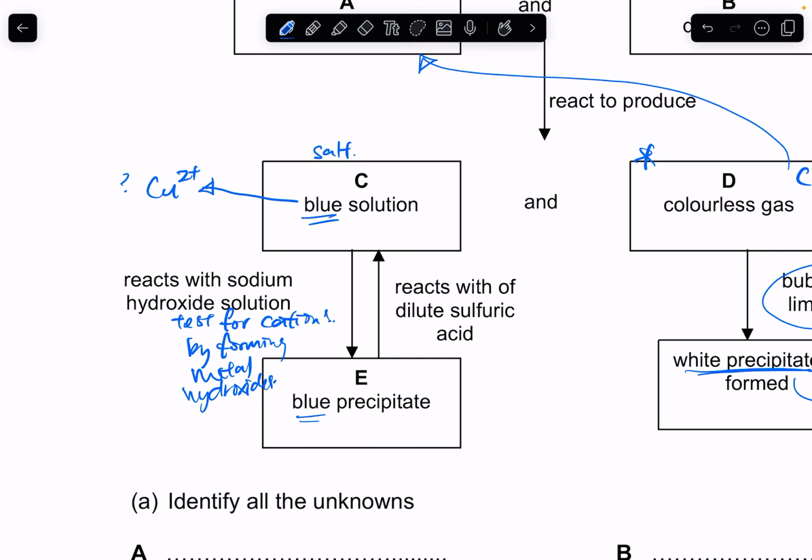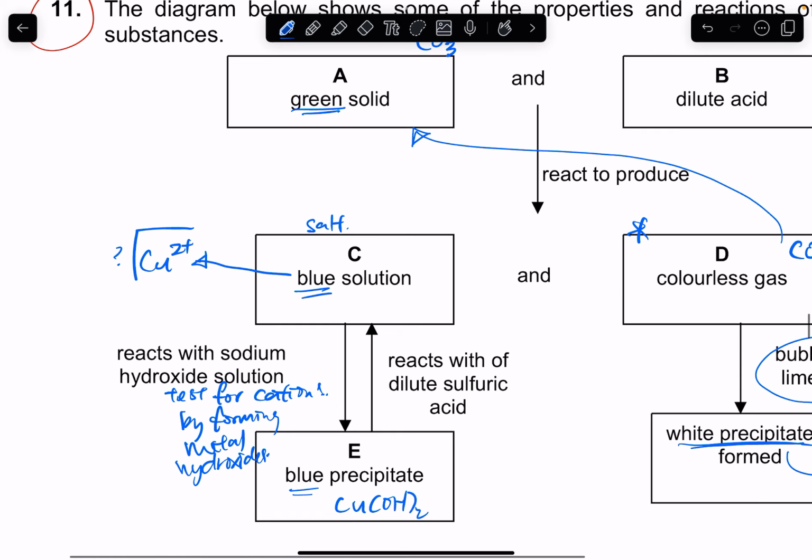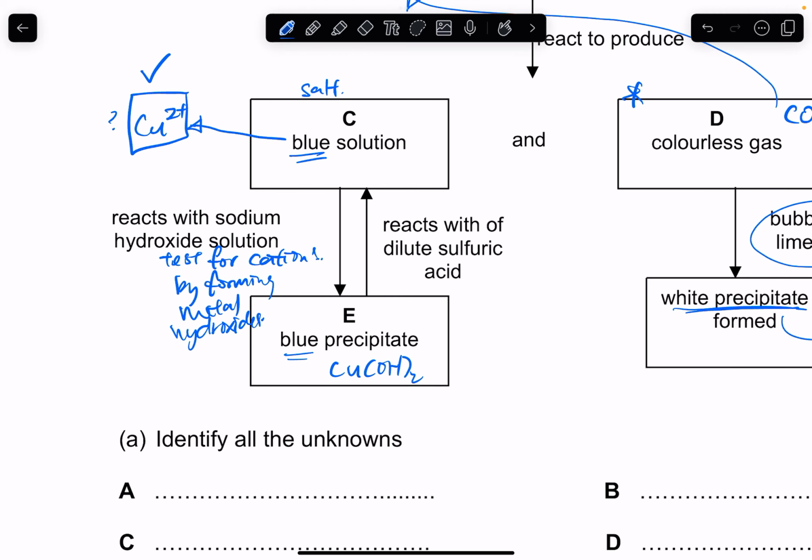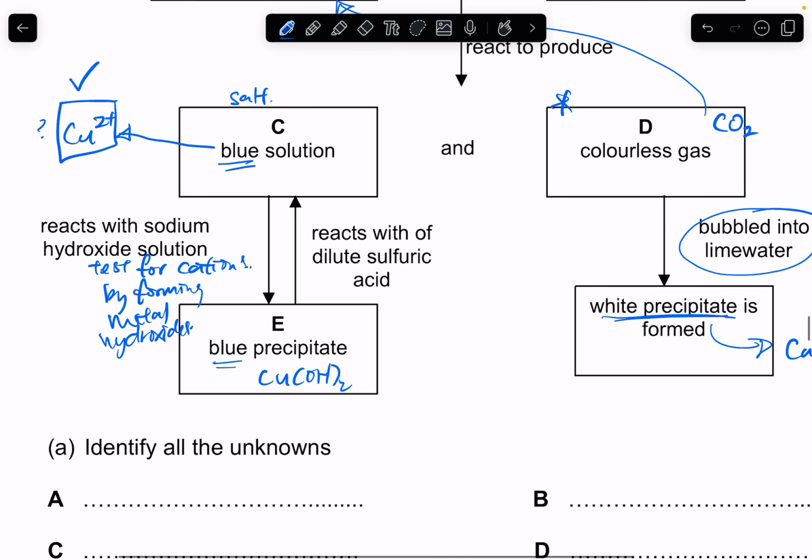So what is my blue precipitate? It tells me it's copper 2 hydroxide. Working backwards, it confirms that copper 2+ ions was in my solution. Then they say to react with sulfuric acid. So copper 2 hydroxide plus sulfuric acid, acid plus base, gives me salt and water.